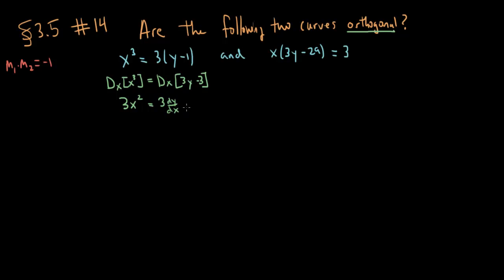Now, to solve for dy/dx, we just divide both sides by 3, and we get that x squared equals dy/dx. Since this is written in terms of only x, there's no y's over there, we can say that's equal to y prime. dy/dx in this case is exactly equal to y prime, because it's in terms of x only. So we're good there.